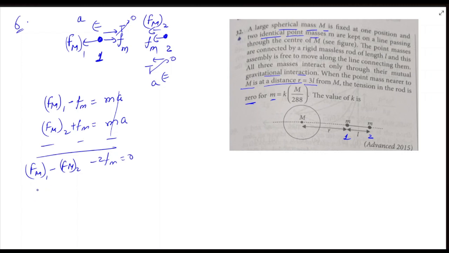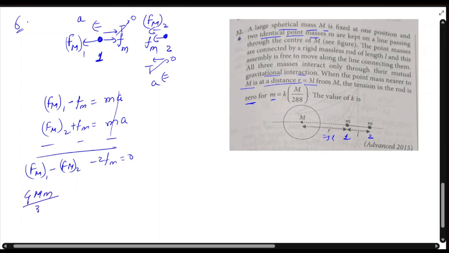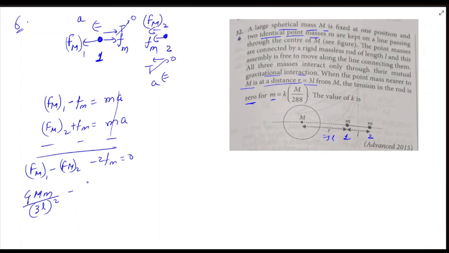So let's just find. So F_M1 will be, this is 3L, right? So it will be G M m by 3L whole square, minus F_M2, which will be 3L plus L, it's 4L. So it will be G M m upon 4L whole square, minus 2. And the force between these two masses will be simply G m m upon L square, right? Equals to 0.